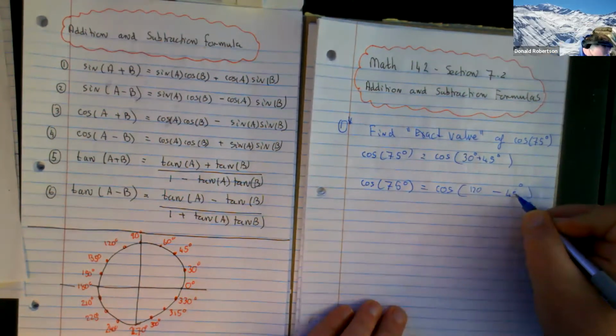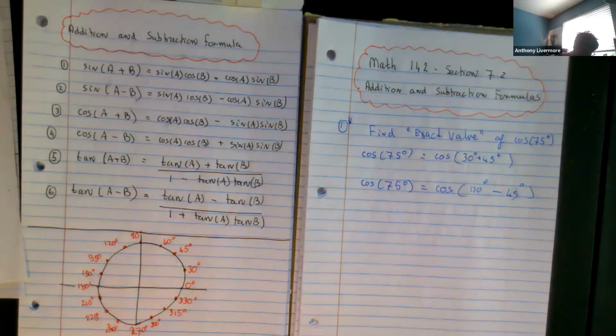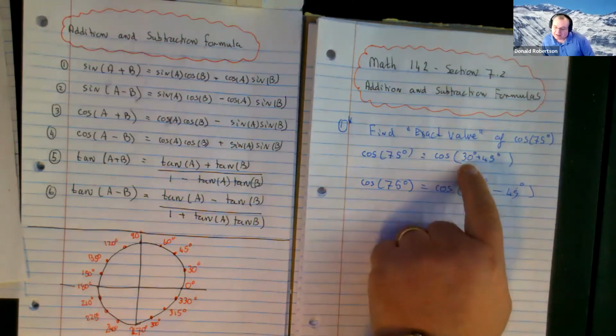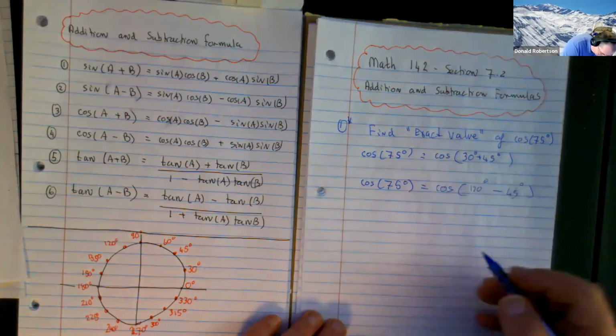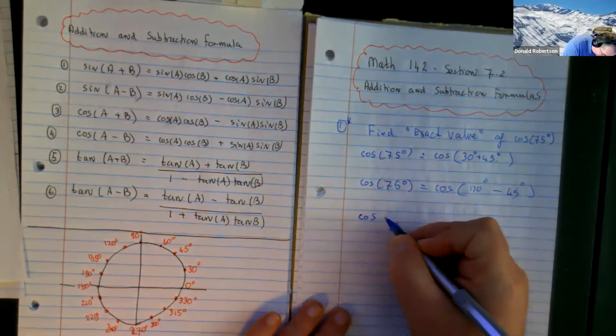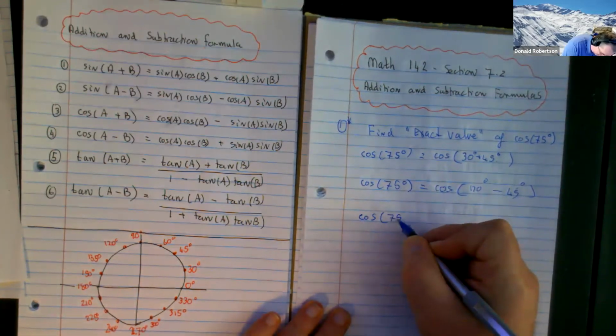I think that's what you said. Yeah, okay. So it doesn't matter which one. I like adding. I don't know, my brain just works better. I can think of 2 things added that equals 75 easier than I can think of 2 things subtracted. So pick whatever your poison is. I'm going to return back to this one because I like it.